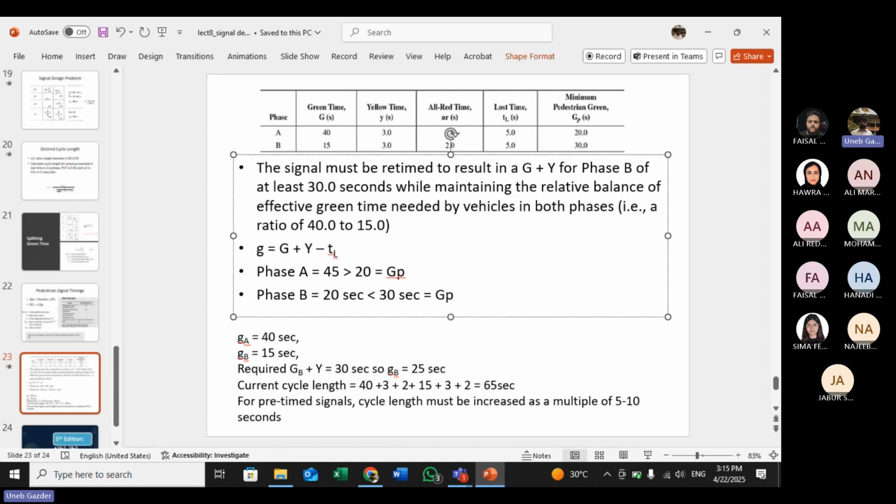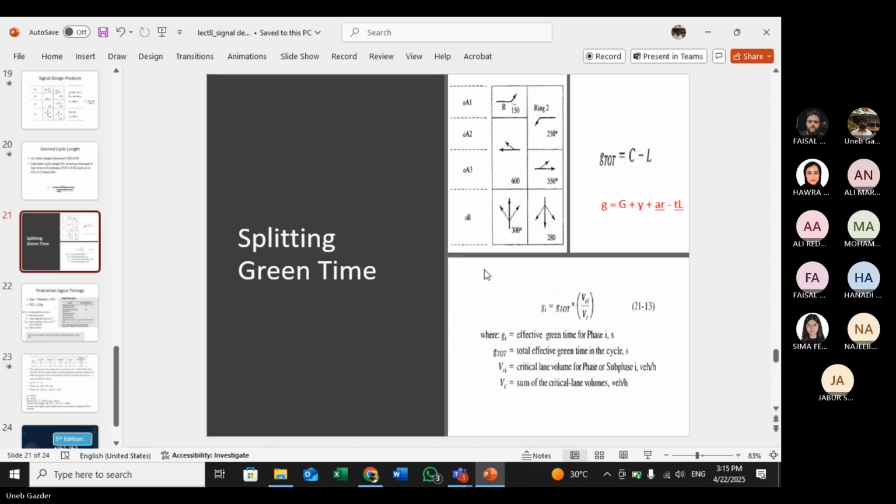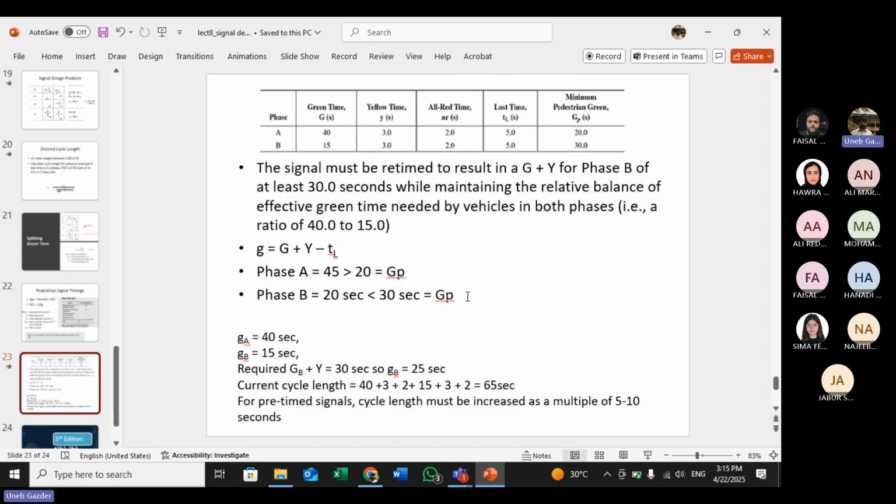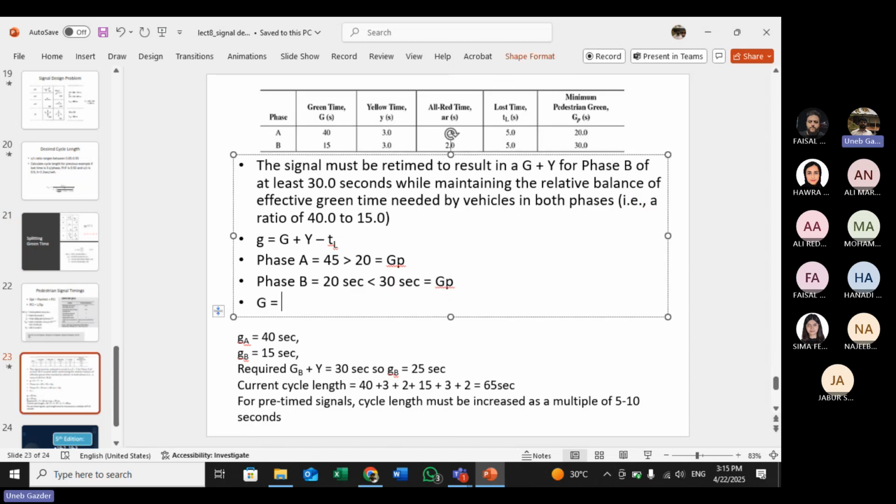How to do the adjustment? First of all, we will calculate the effective green time. I wrote it here. Effective green time equals actual green time plus yellow, small y, plus all red minus lost time.